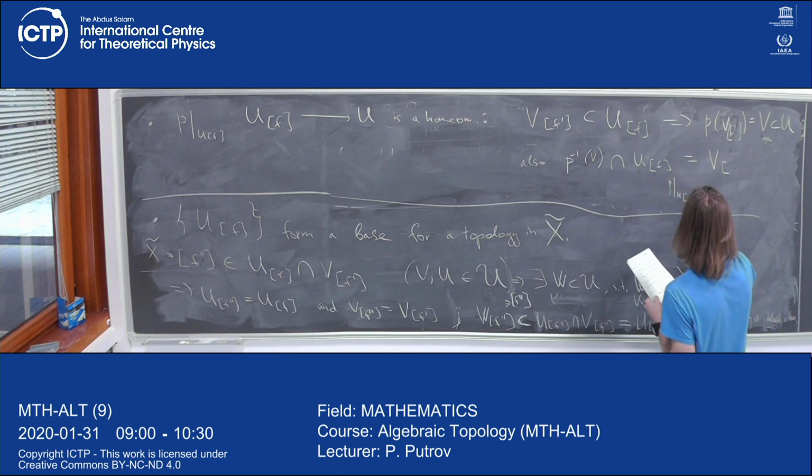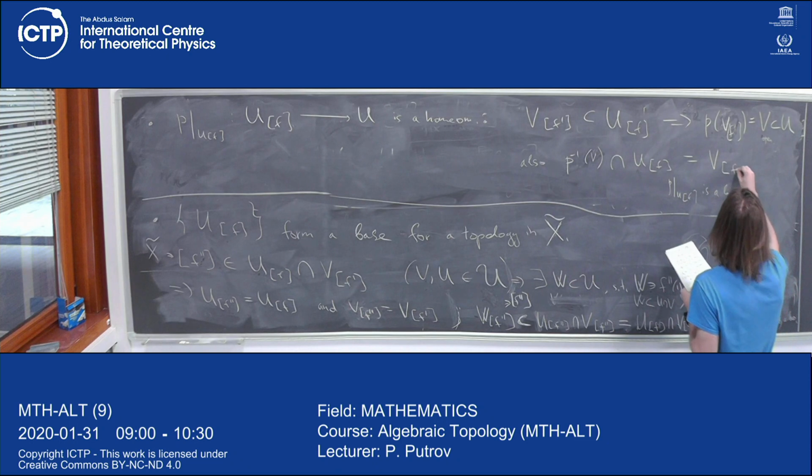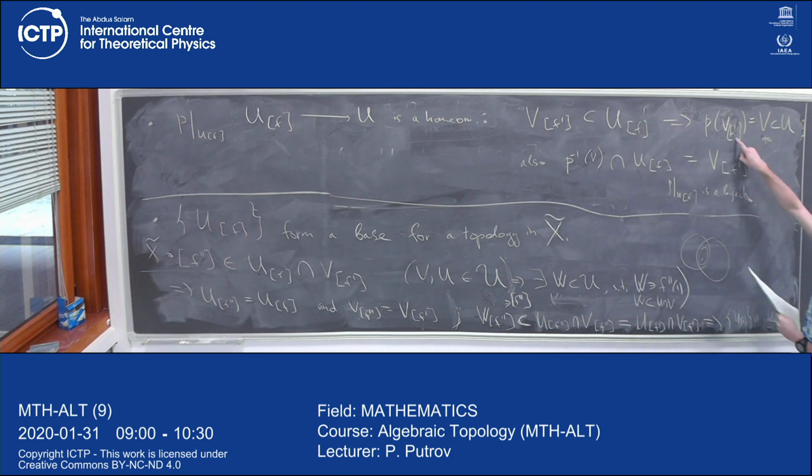We already showed that this restriction is a bijection, so the preimage must be this set itself, which is an open set.